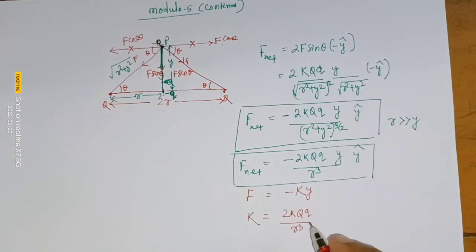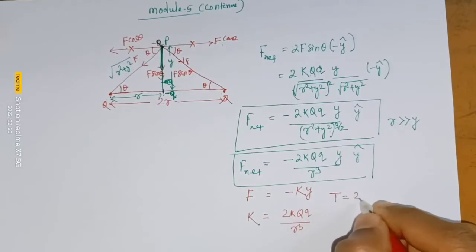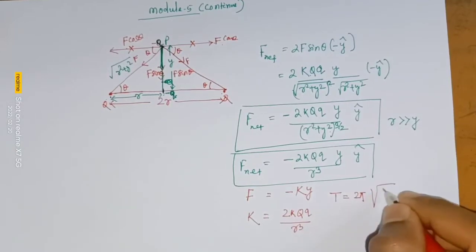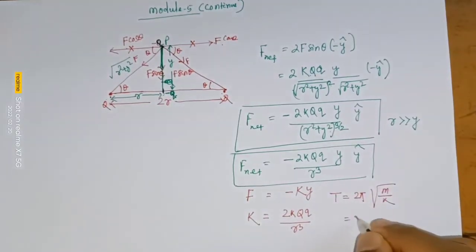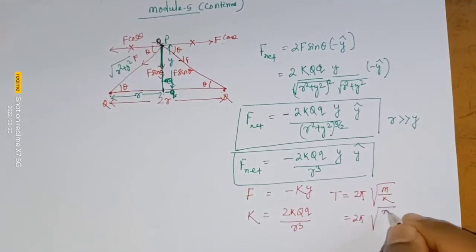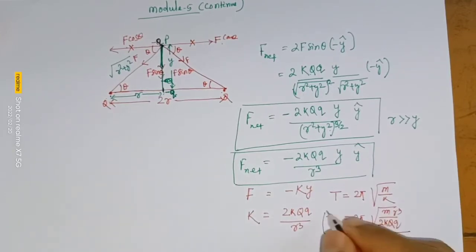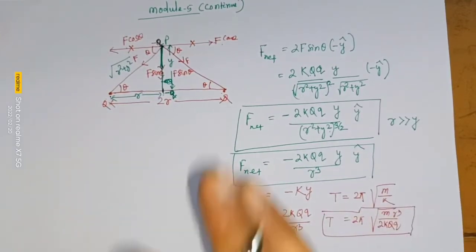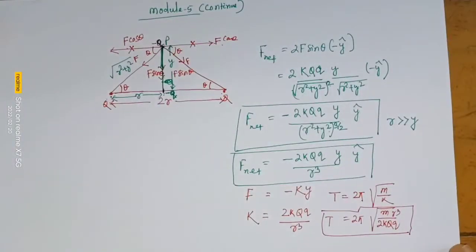This is the value of k. And what is the time period for the SHM? 2 pi root over m by k. This is 2 pi, this is m, and I simply substitute the k value, r cube. This is the time period of SHM when the charge is displaced vertically.